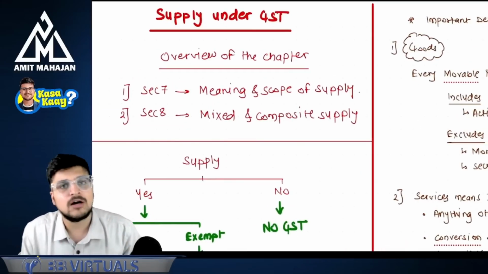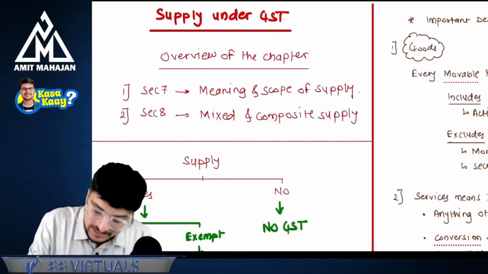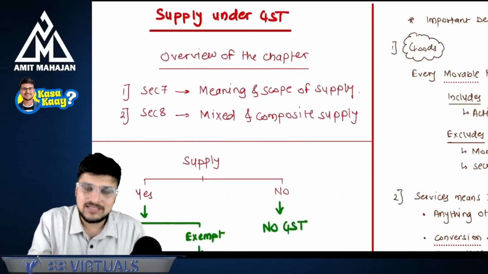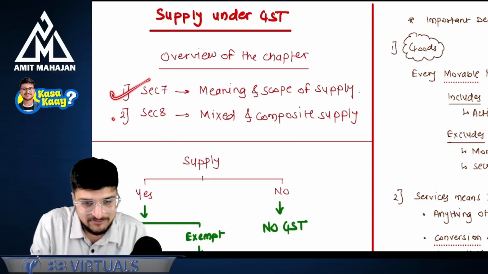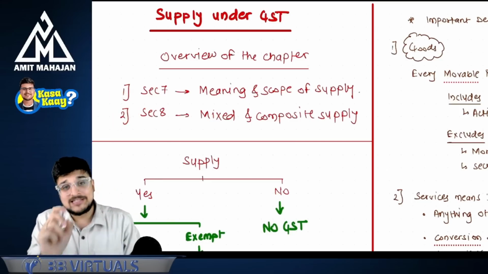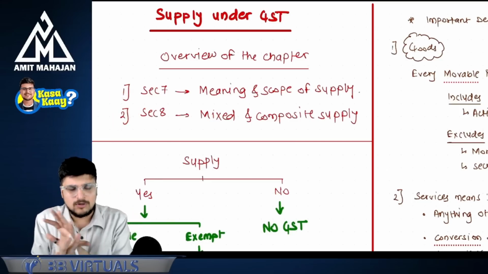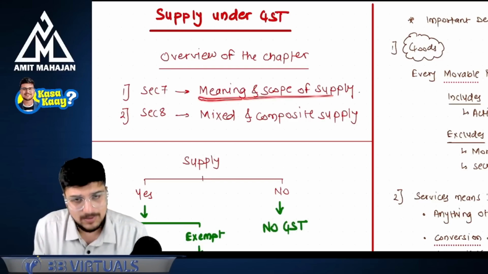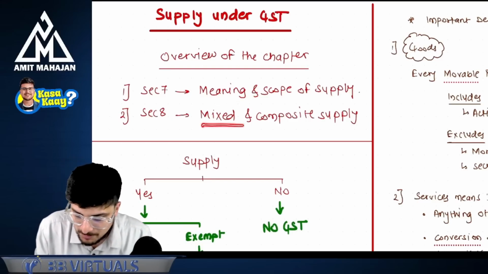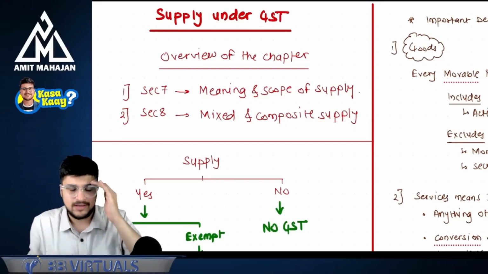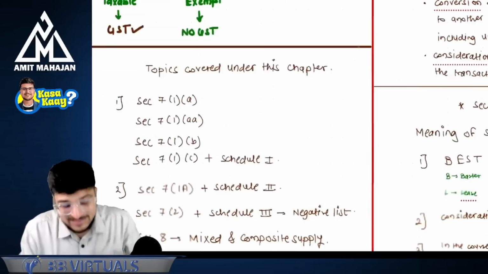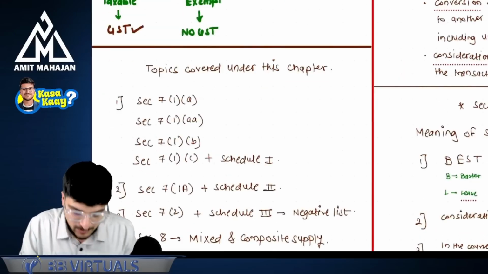Now let's have the overview of this chapter. Number one, how many sections are there in this chapter? There are two sections, section number 7 and section number 8. Section number 7 talks about meaning and scope of supply, and section number 8 talks about mixed supply and composite supply. Now let's deep dive into section number 7 as well.